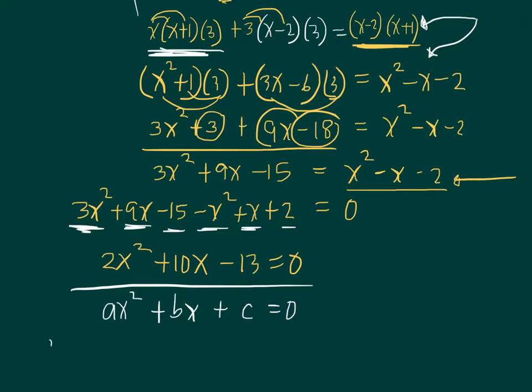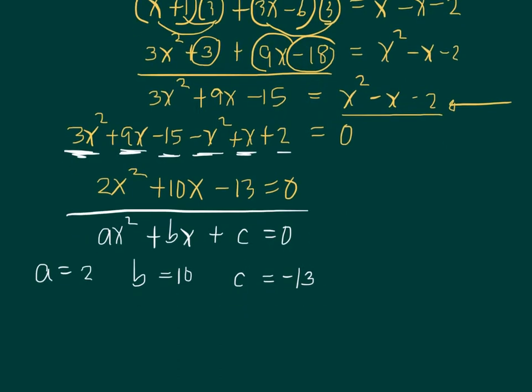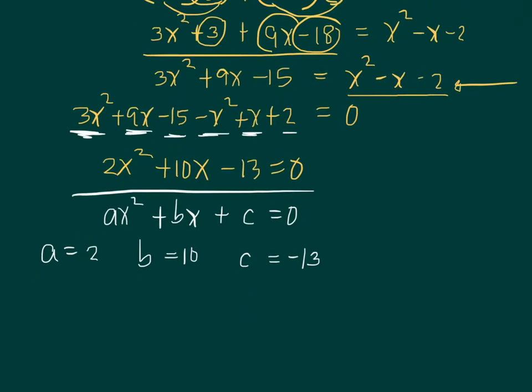And in this case, our a is equal to 2, our b is equal to 10, and our c is equal to negative 13. So from here, you can now compute for the value of b squared minus 4ac, and then we check what will be the value.